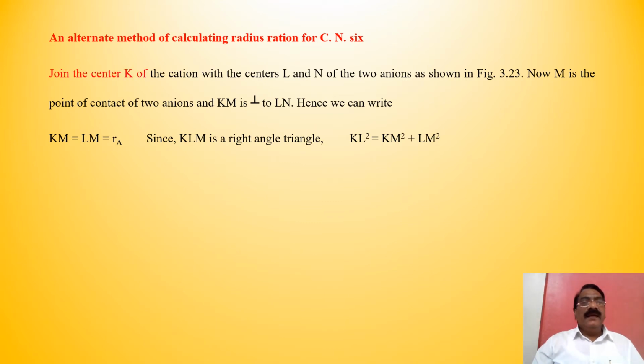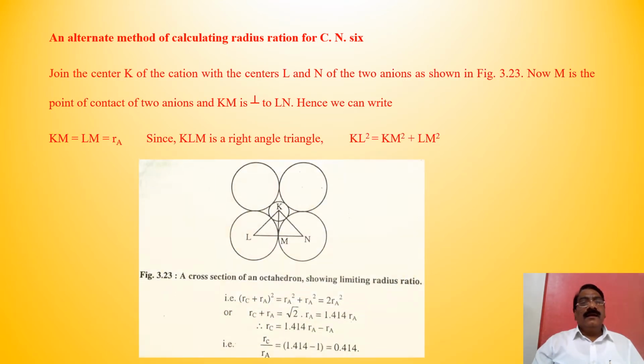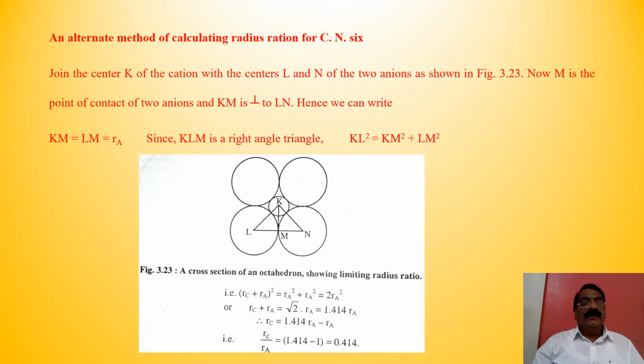An alternate method of calculating the radius ratio for coordination number 6. Join the center K of the cation with the centers L and N of two anions as shown in the figure, and now M is the point of contact of two anions and KM is the perpendicular to LN.